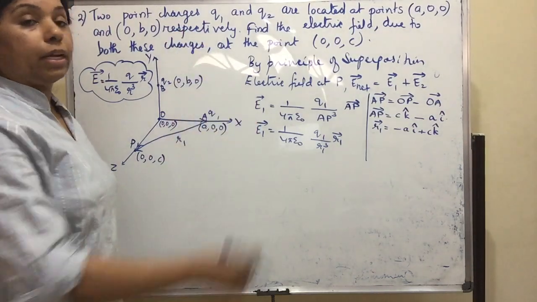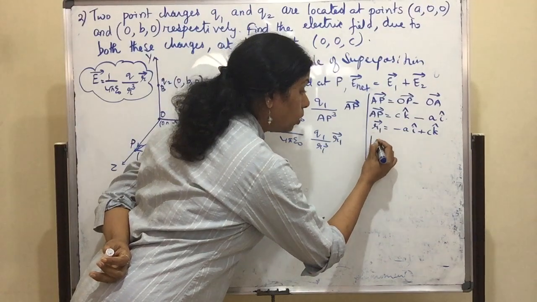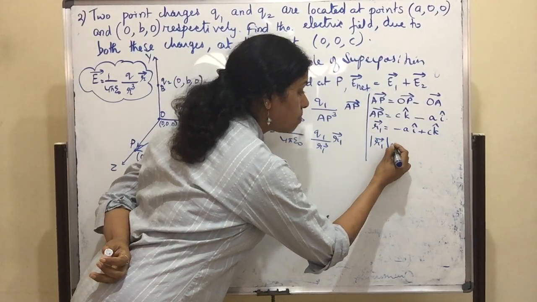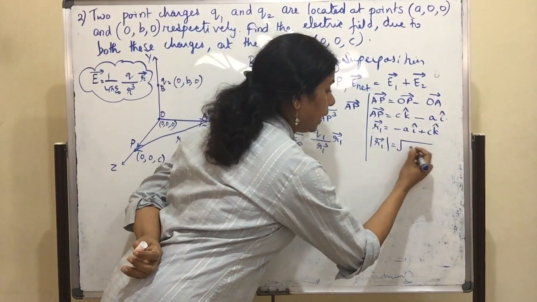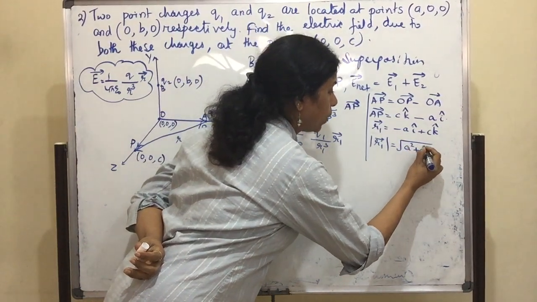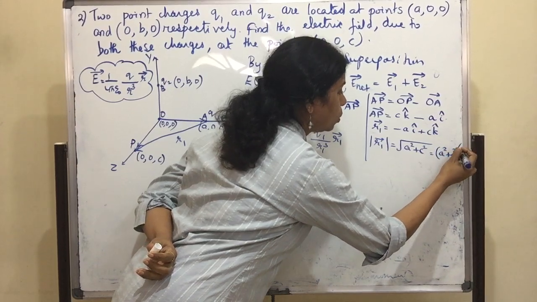How will I get R1? R1 is the modulus of this R1 vector. That is root of A square plus C square, which is (A square plus C square) the whole raised to half.